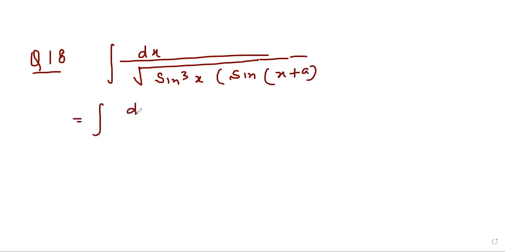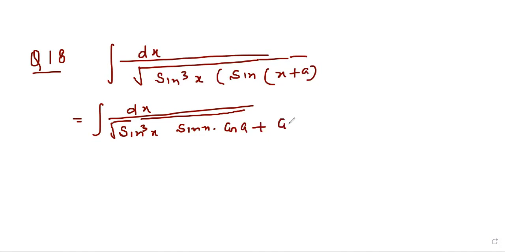So integration dx divided by sine cube x under root, sine x cos a plus cos x sine a. If we take out sine x, then this will become cos x upon sine x.